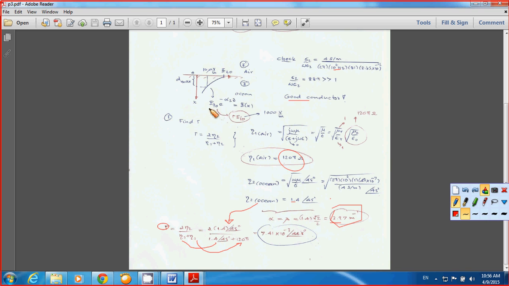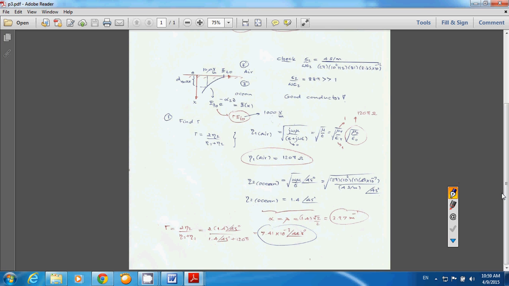Now you already have tau, so you can find your E_t0 by multiplying the transmission coefficient by the amplitude of the incident electric field, which is equal to 1000 volt per meter. Okay, let's move on.